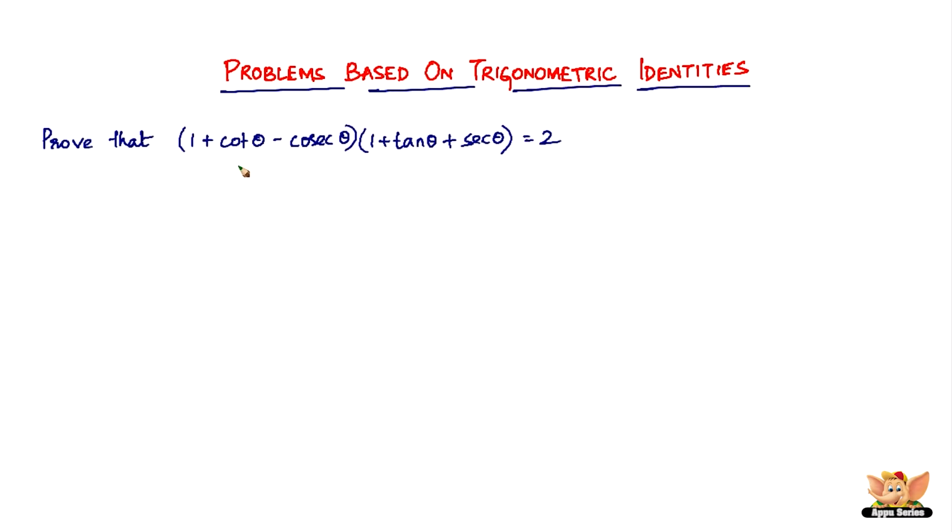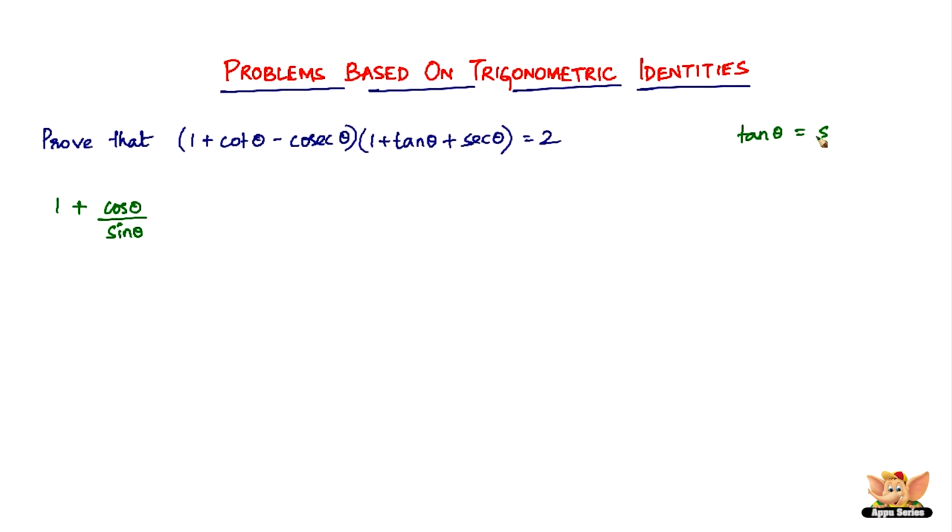So what we'll first do is start off with this, just write 1 as 1 itself, and then write cot θ as a ratio of cos θ and sin θ, because this is the reciprocal of tan θ, right?